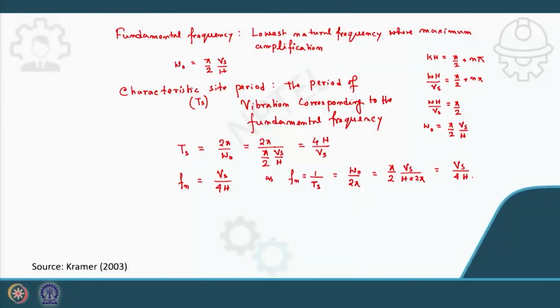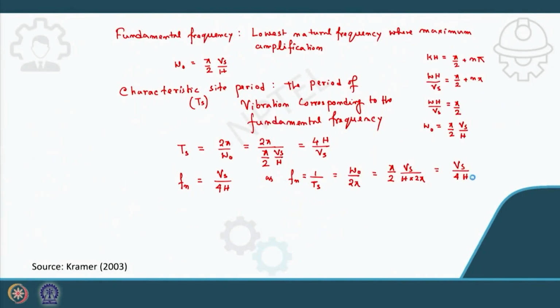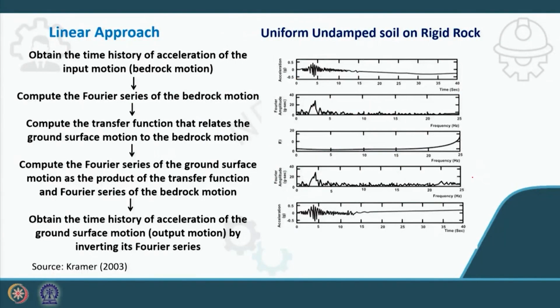Okay, I have discussed only the linear approach, and once we get the transfer function, in the second case I got the transfer function. In a similar way, using this same process, I will get my output motion, which will be the ground surface motion.